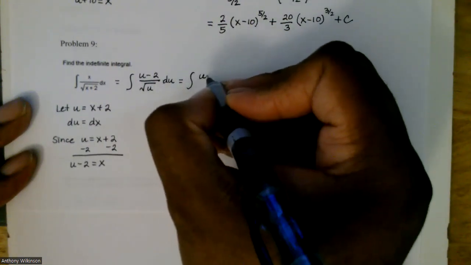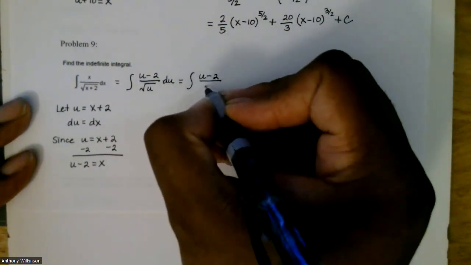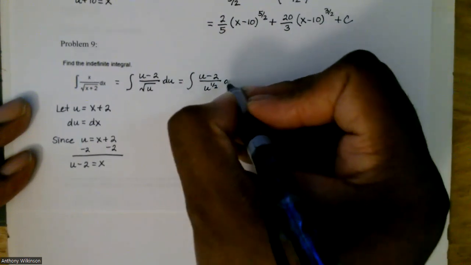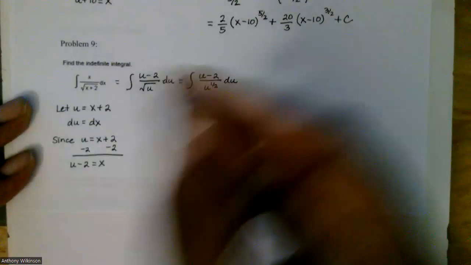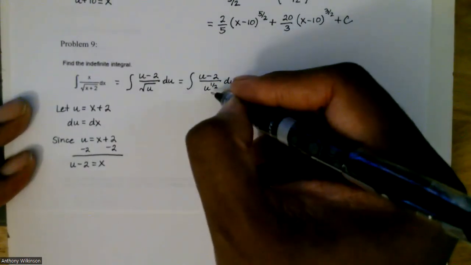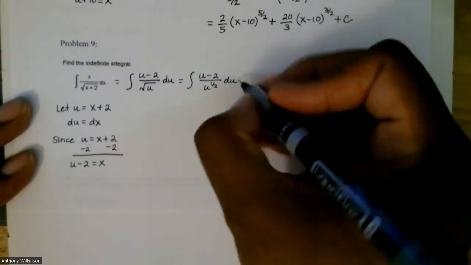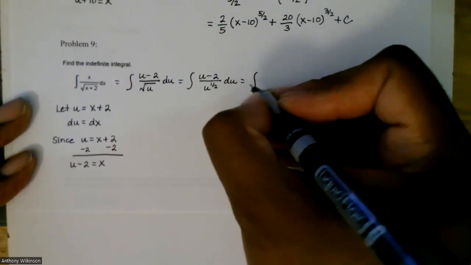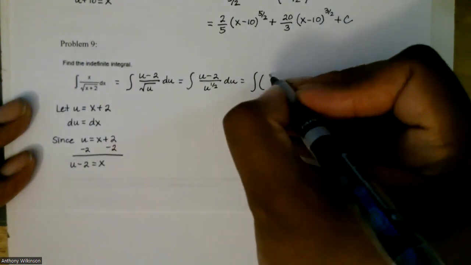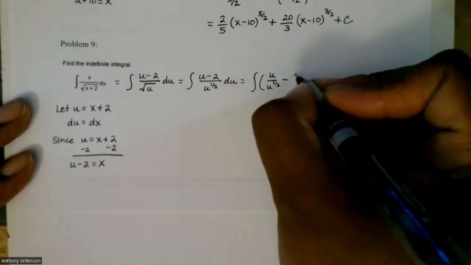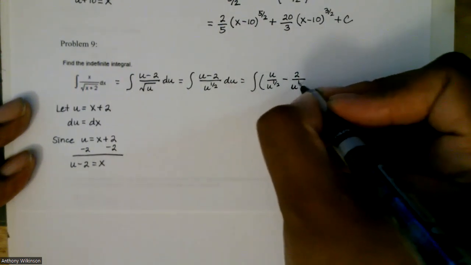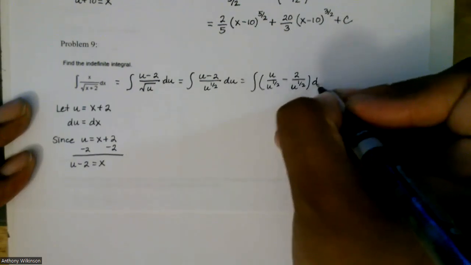So it'll be the integral of u minus 2 divided by u to the 1/2 power du. Now, each term in the numerator will be divided by u to the 1/2 power. So that means this will have the integral of u divided by u to the 1/2 minus 2 divided by u to the 1/2 times du.